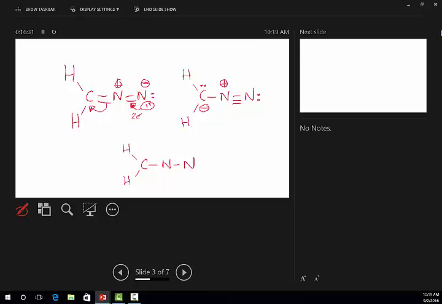And then I've now got a nitrogen-nitrogen triple bond, a carbon-nitrogen single bond, but the lone pair is now on the carbon. Are we all okay with that?